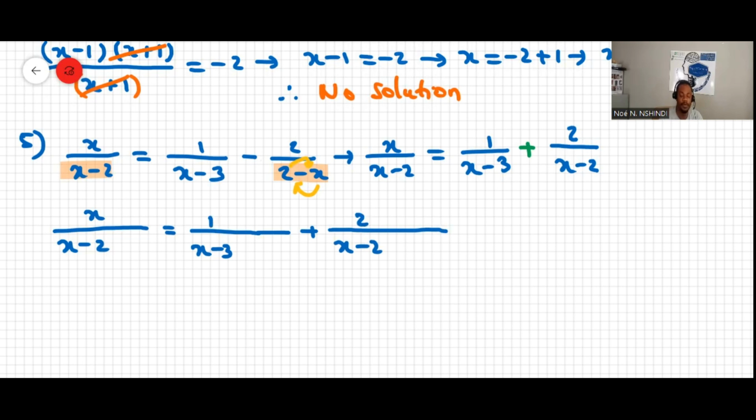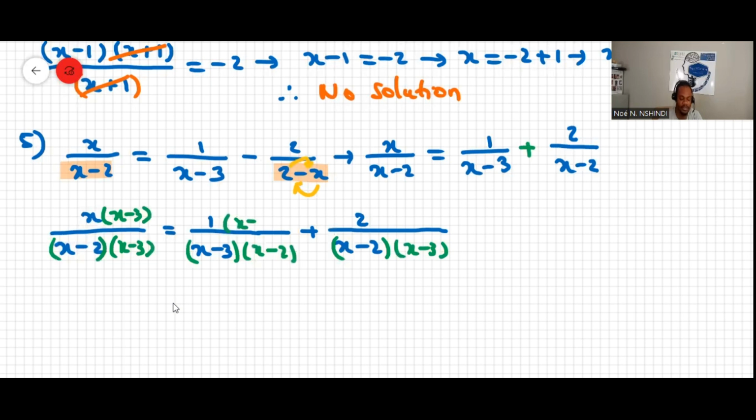Now what we can do here is find the LCM. I need to multiply here by x minus 3, there by x minus 2, and there also by x minus 3. I'll do the same for the numerator. Now that the denominators are common, we can just drop the denominator and consider the numerators.